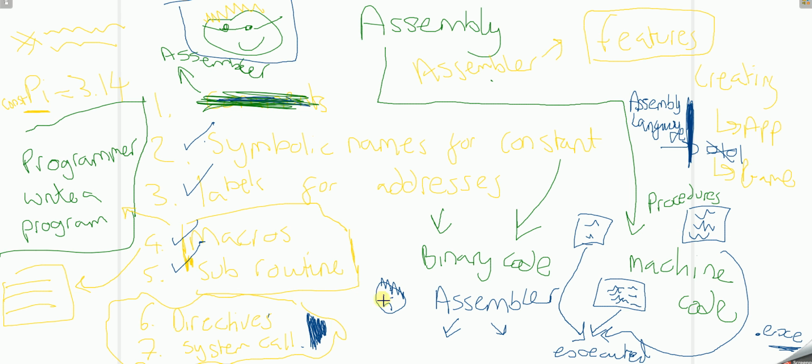Now 6 and 7 literally tell the assembler how we should piece everything together at the other end. As I said, it directs memory how it should be used or how procedures will be used. So it creates eventually an exe file. So remember that as well. Assemblers create executable files at the end.